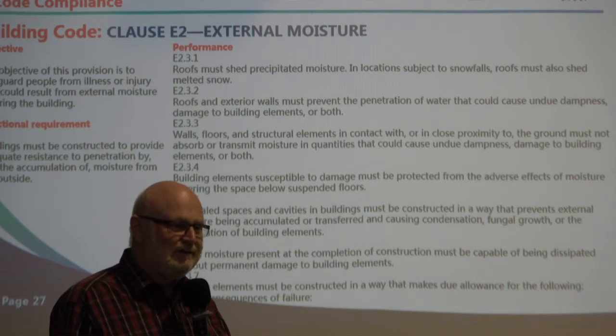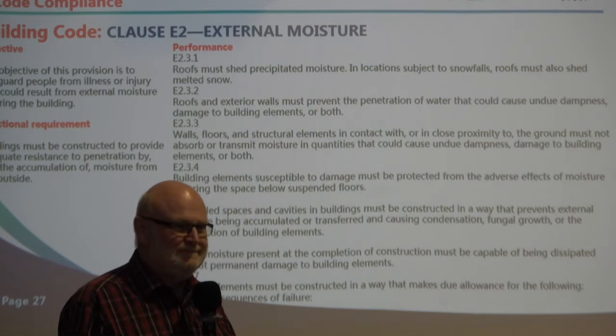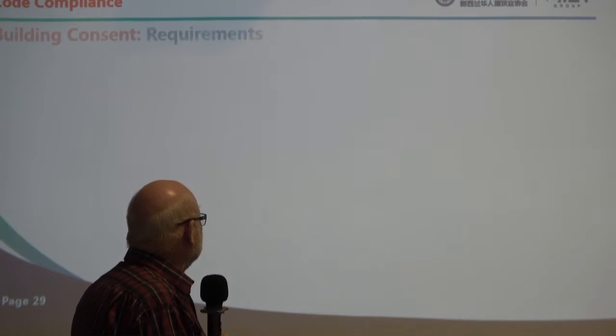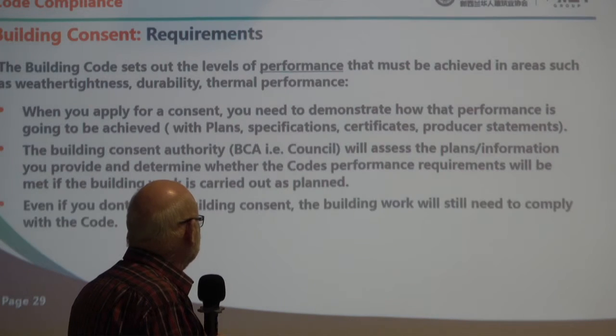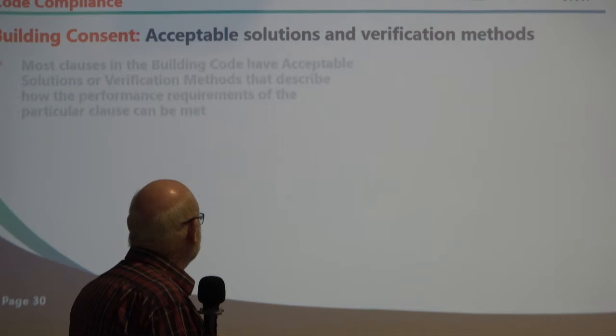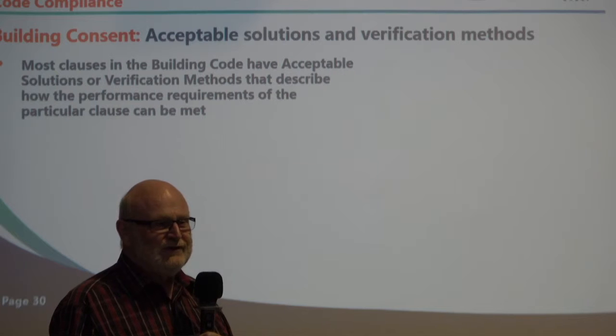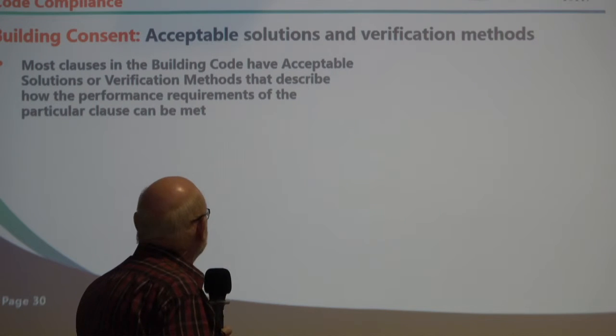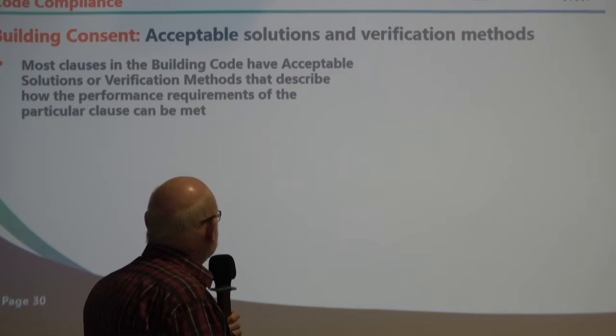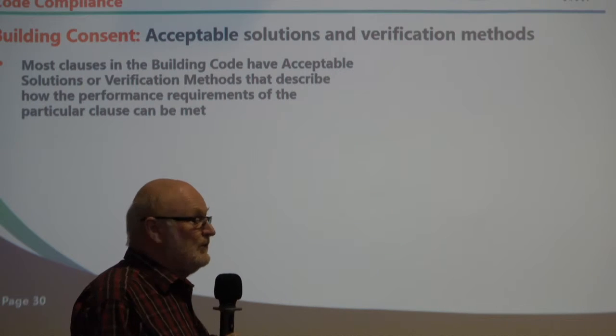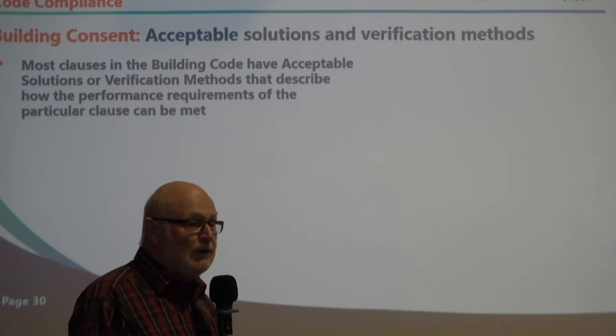It tells you what you have to do, it doesn't tell you how. There are acceptable solutions of how you do this. And that describes how the performance requirements of a particular clause can be met.